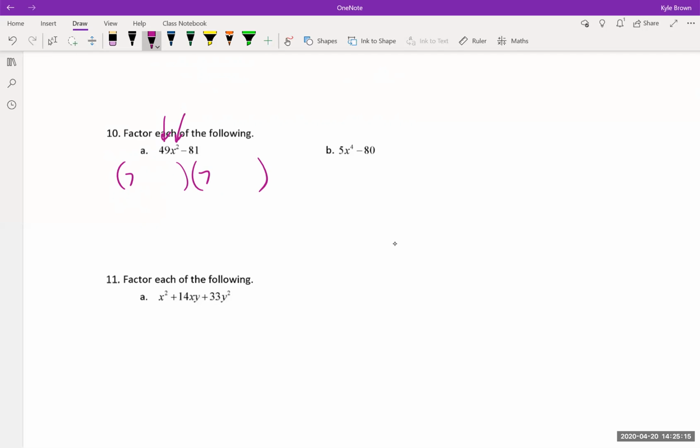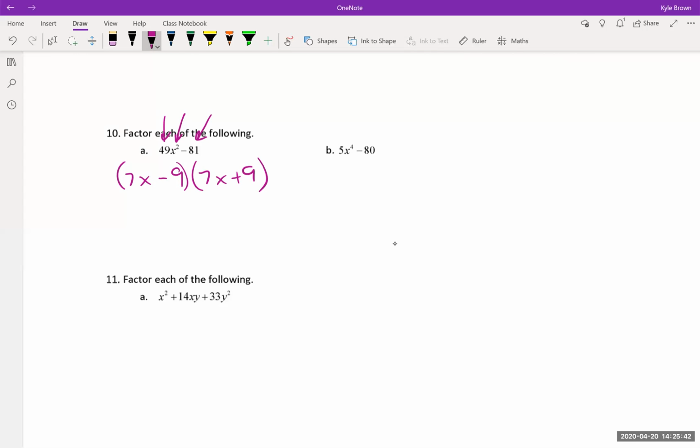Well, I got that x out of here by going x times x. So the first part is going to be 7x. And then the last part here, the last number, square root of 81 is 9. And then this part's nice because, as long as you remember it, when you have a difference of squares, one is a negative and one is a positive. And that's it. That's your answer.